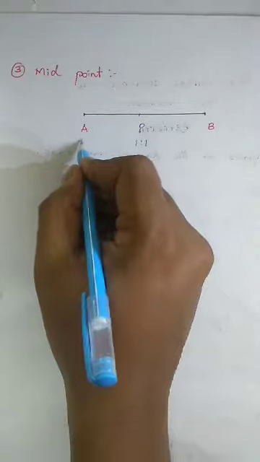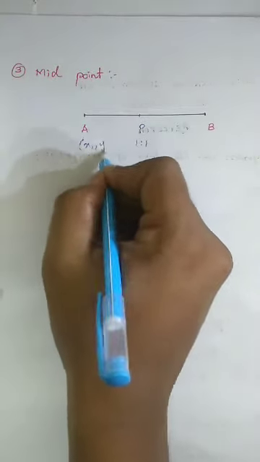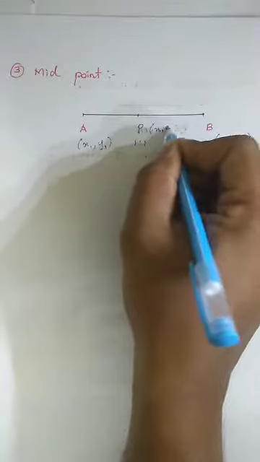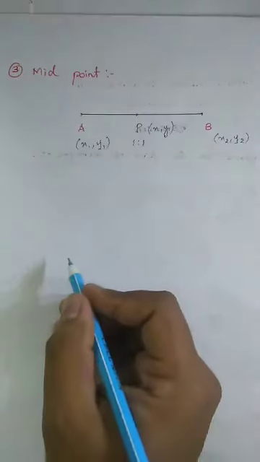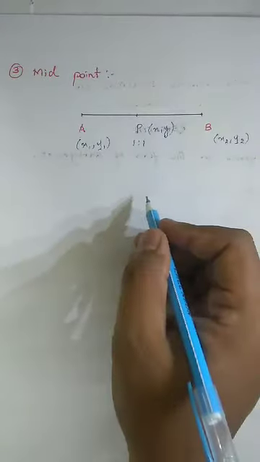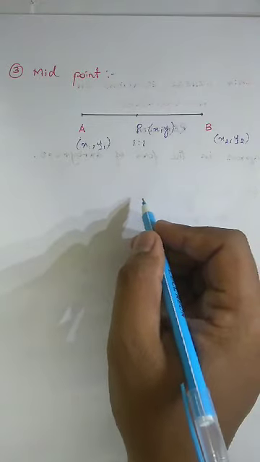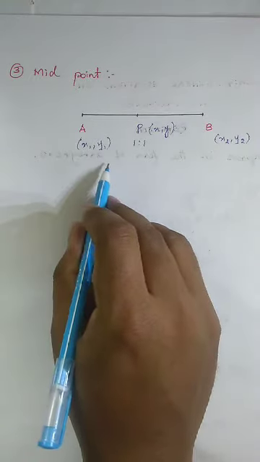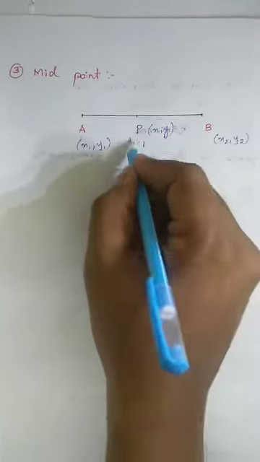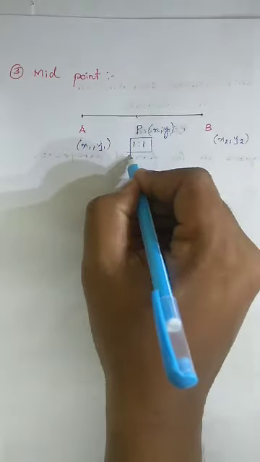We know that A is x1 comma y1 and B is x2 comma y2, and P is x comma y. As we did in the section formula, we do the same method here, but it's simpler because the ratio is equal.